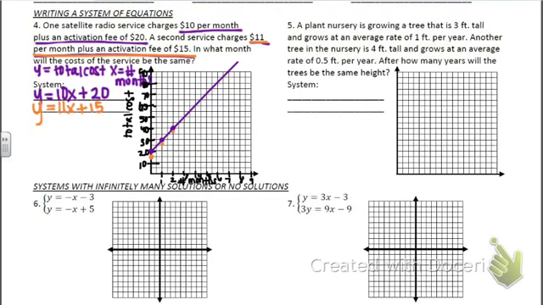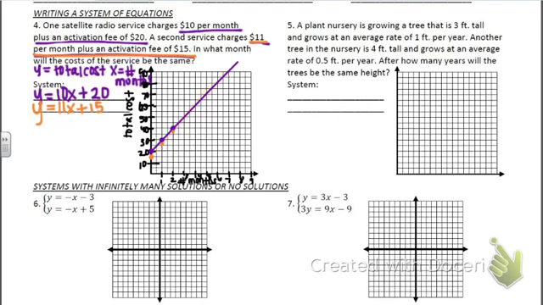And then try and graph that as best that I can. These end up being really, really close. So, you guys, mine does not come out.